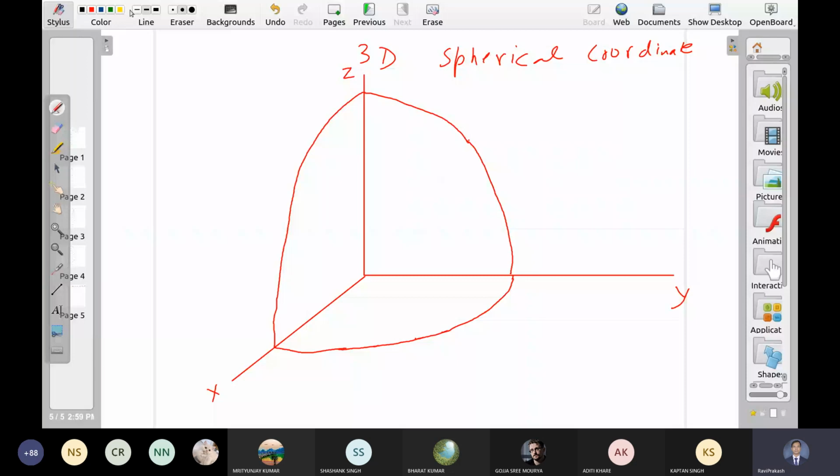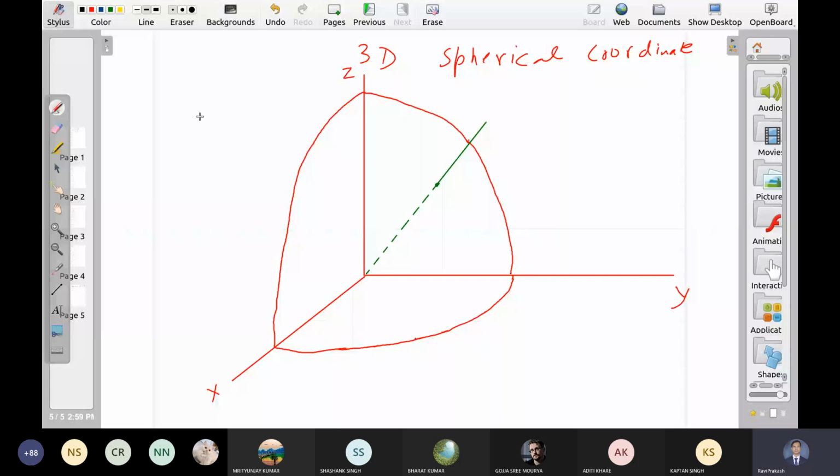This is a point P on the surface. ये surface पे point P है. This is vector R. This angle is theta.